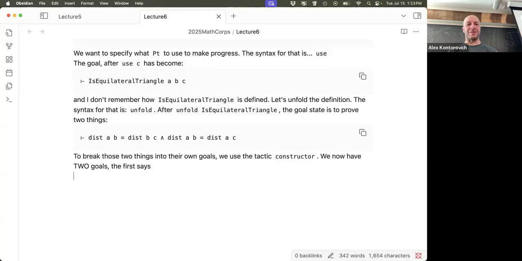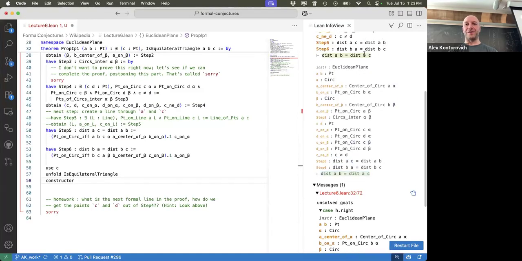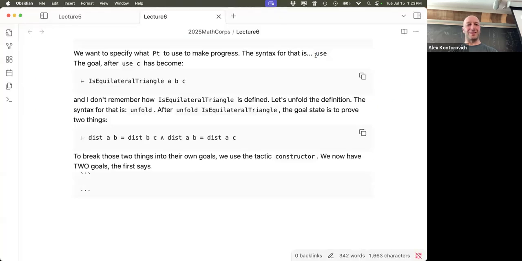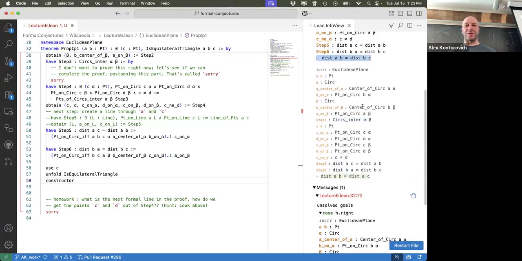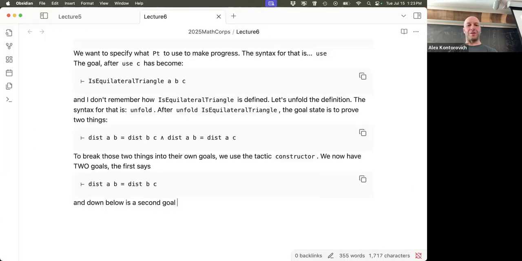The first goal is over here, that the distance from A to B is equal to the distance from B to C. And down below, it's the second goal with all the same assumptions, and the second goal says this.